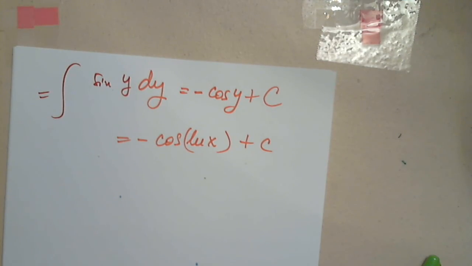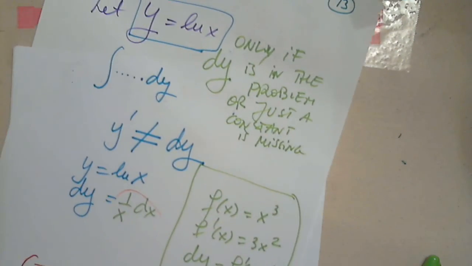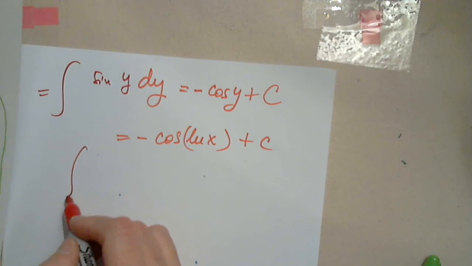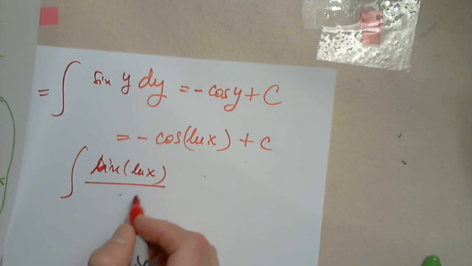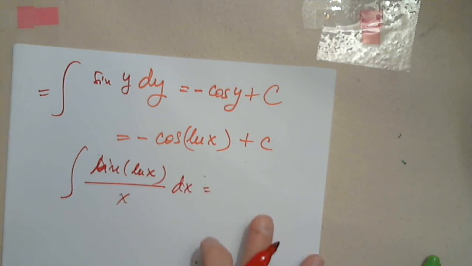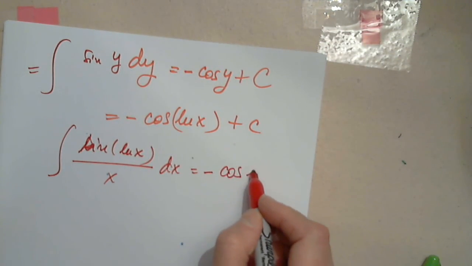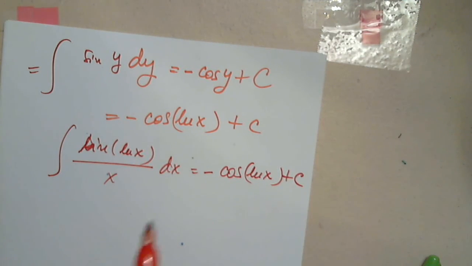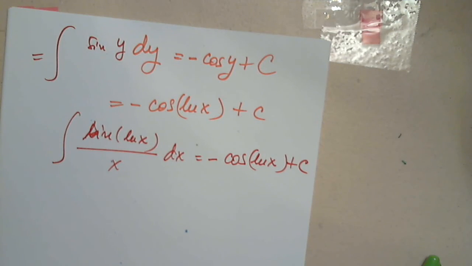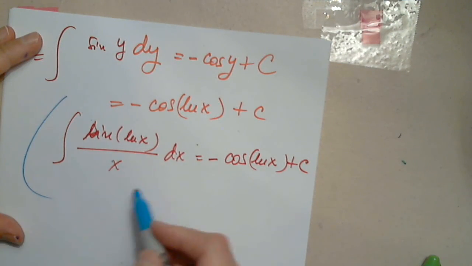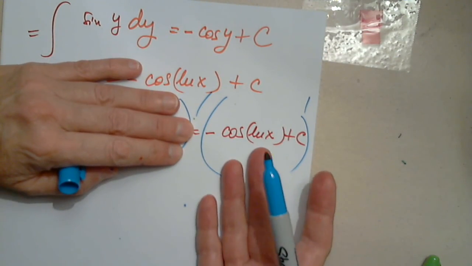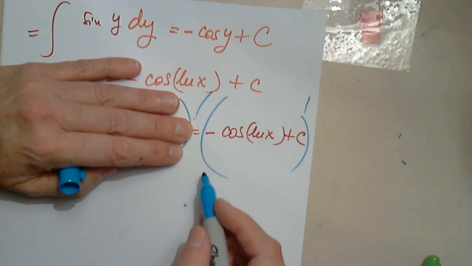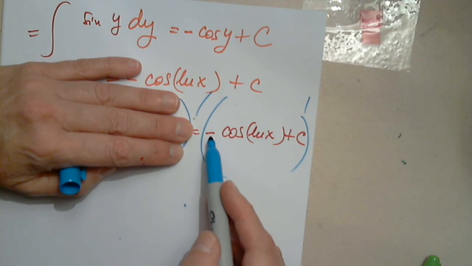So let's say I'm going to copy the beginning, which was that. So we have the integral of sine natural log x over x dx, and we came up with negative cosine natural log x plus a constant c, and we're not sure. If we're not sure and we want to check, all we have to do is differentiate both sides. When I differentiate cosine, I get negative sine, with the minus in front.